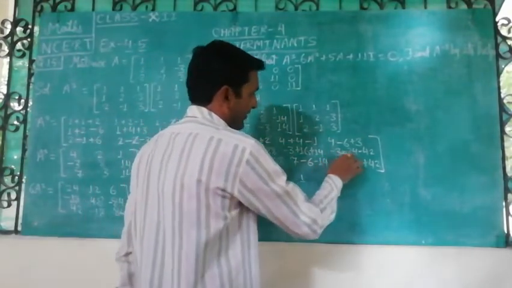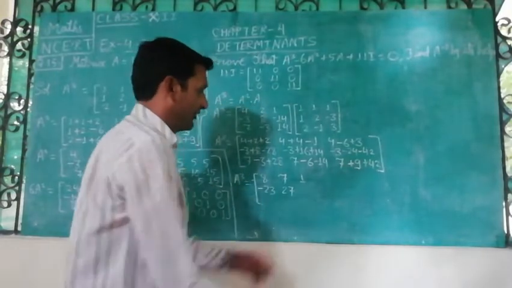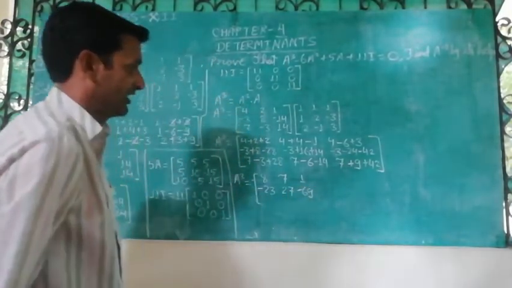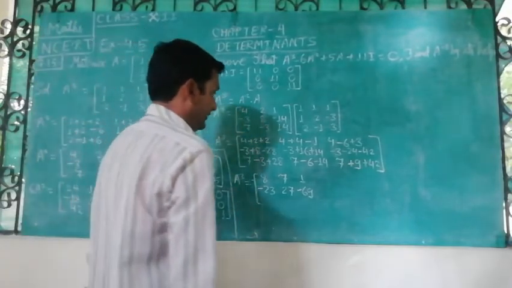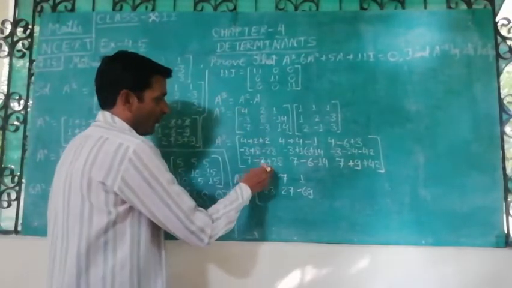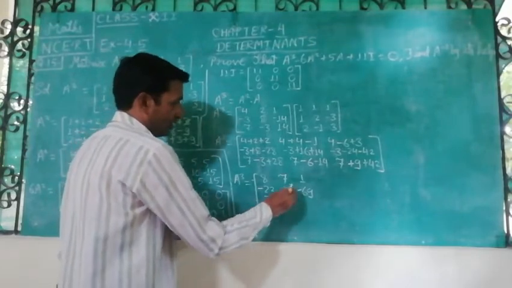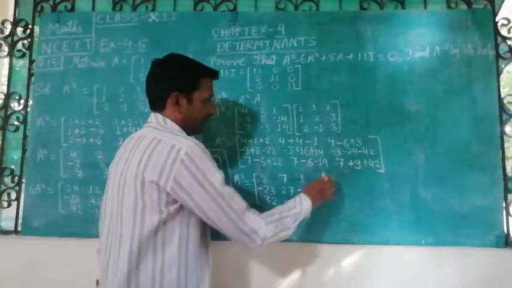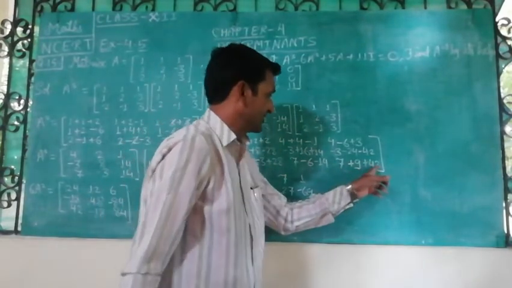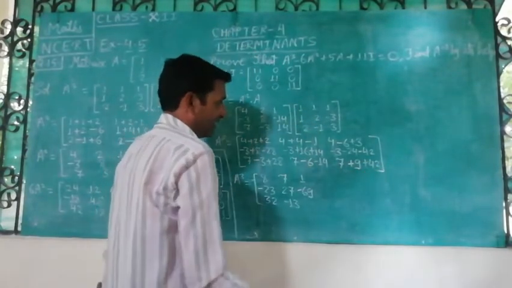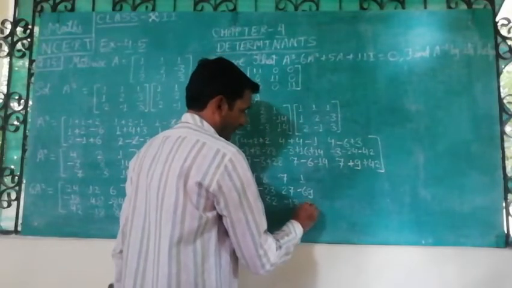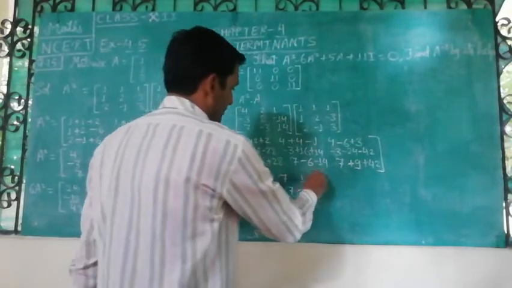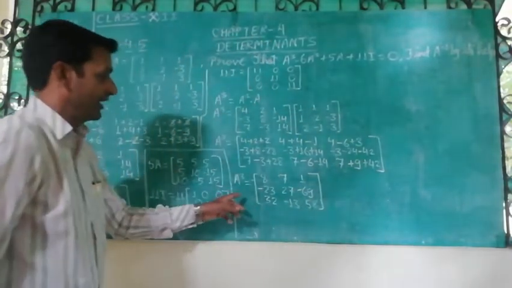And now minus 27 and minus 42, so 7 to 9 and 4 to 6, minus 69. And 7 minus 3 is 4, 4 plus 28 is 32. Now 7 minus 6 is 1, 1 minus 14 is minus 13, and 7 plus 9 is 16, 16 plus 2 is 18, 18 and 40, 58. So this will be 58. This is the value of A cube.